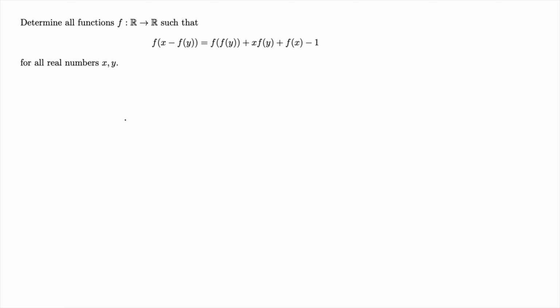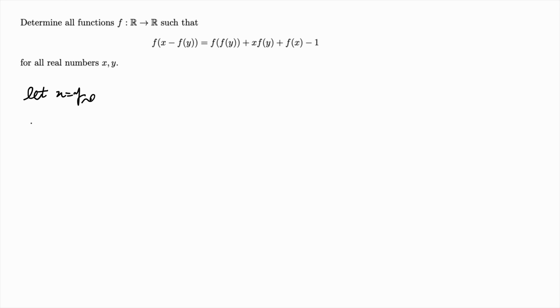First up, as a general rule of thumb, let x equals y equals 0. I think we usually do this for all functional equations.